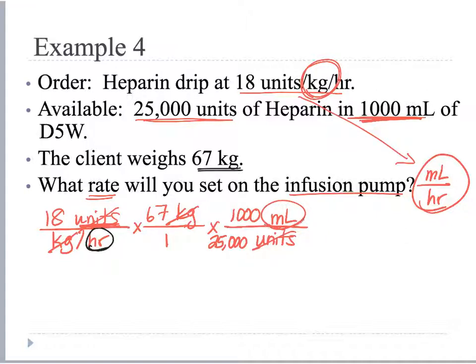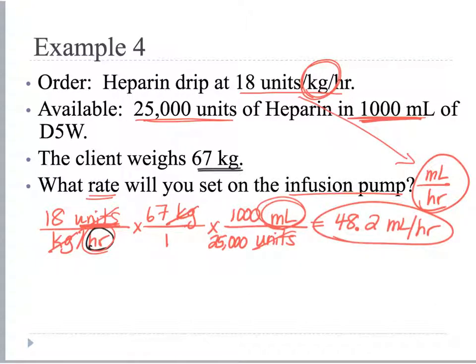So we have our milliliters over our hours, so we have all the information that we need. So I'm going to multiply the numerators together, divide by the 25,000, and I end up with 48.2 milliliters per hour.